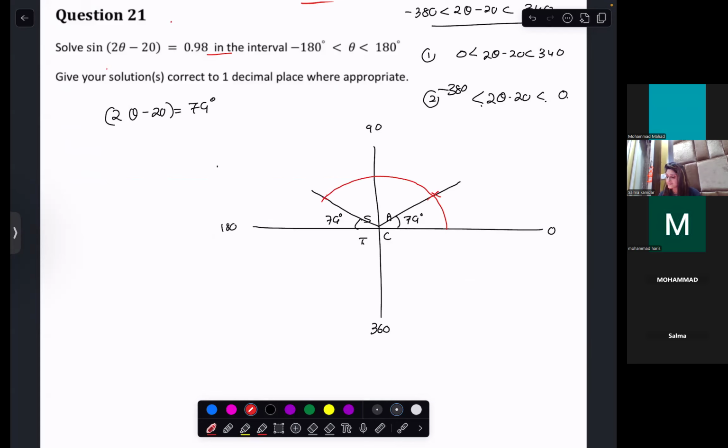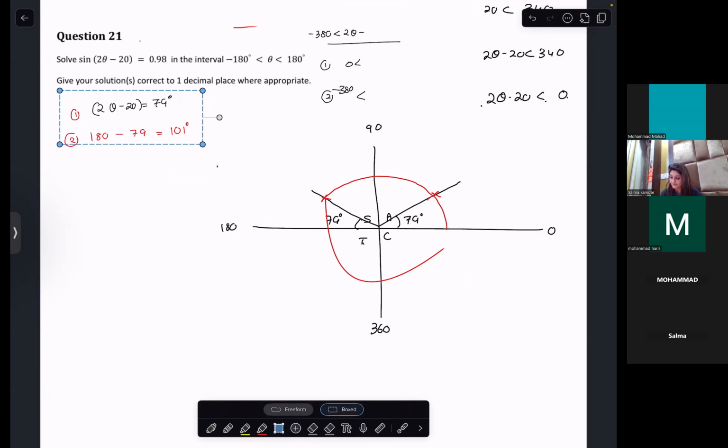The second hit is going to be 180 minus 79, which makes it 101 degrees. I go round and round and stop at 340, which means it's not completing. I hope both of you are with me.